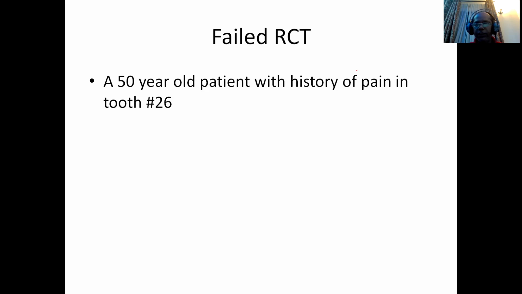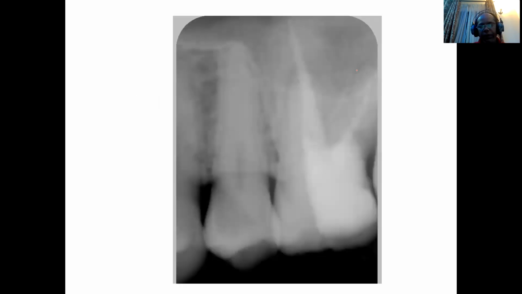The dental history told me that he got the root canal treatment 3 years back, and now he felt pain a few days ago, and the tooth was tender. Then I took the radiograph, and this was the radiograph of the patient.